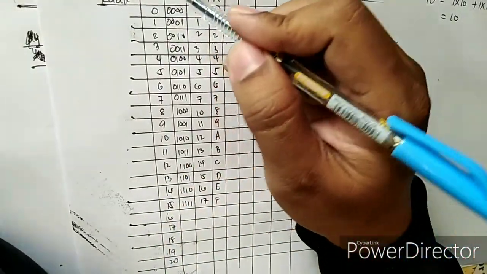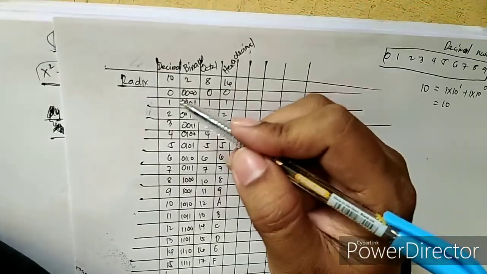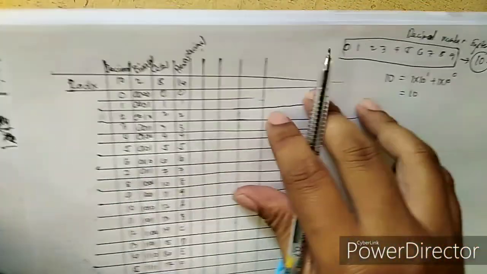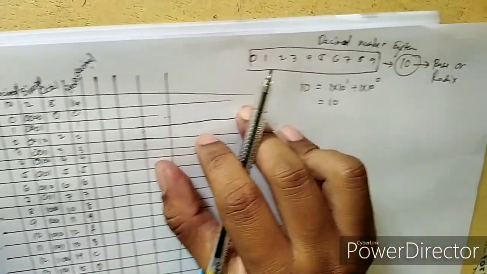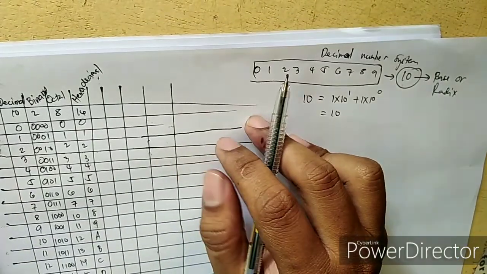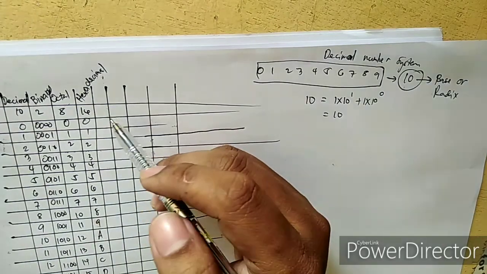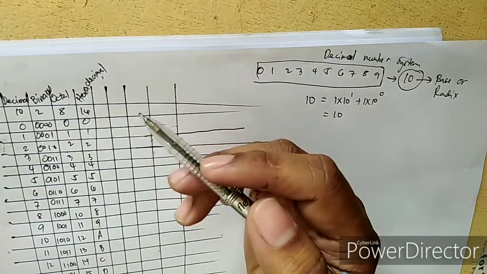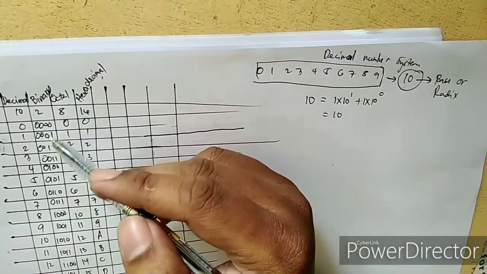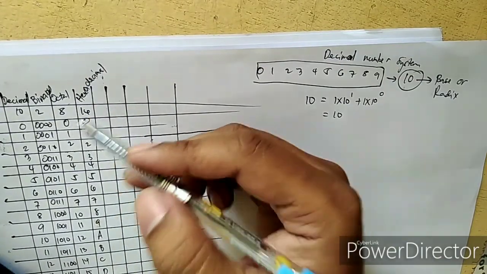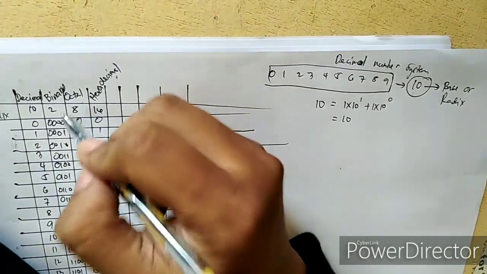The binary, octal, and hexadecimal. So in binary, the radix is equal to 2.